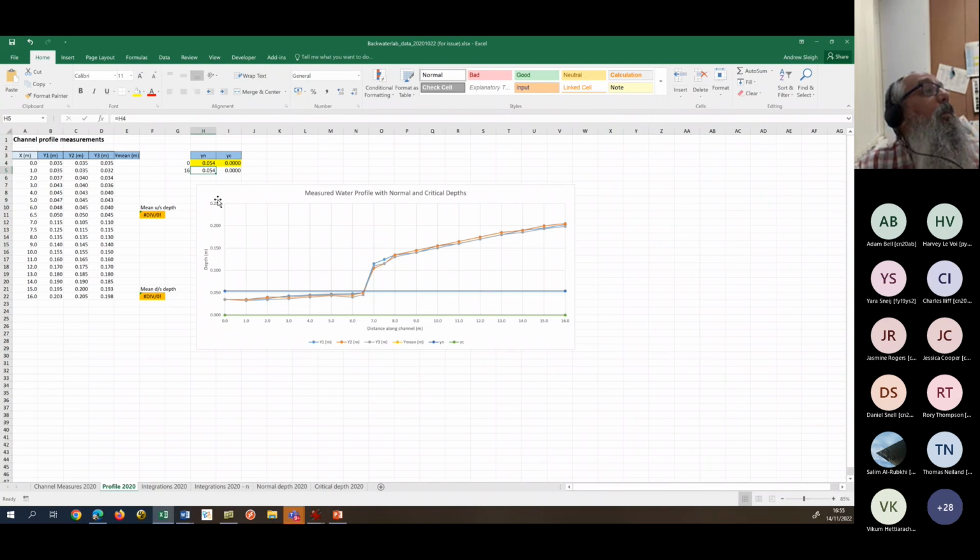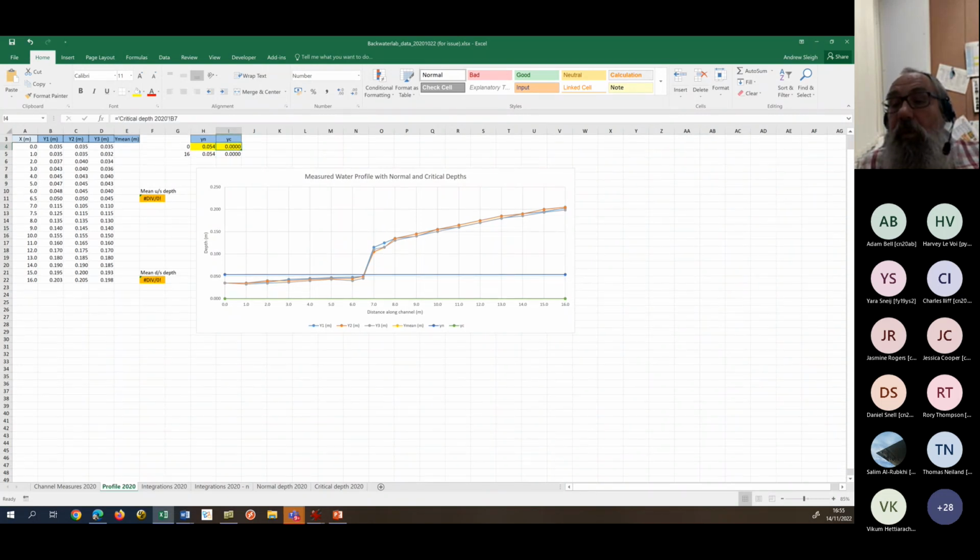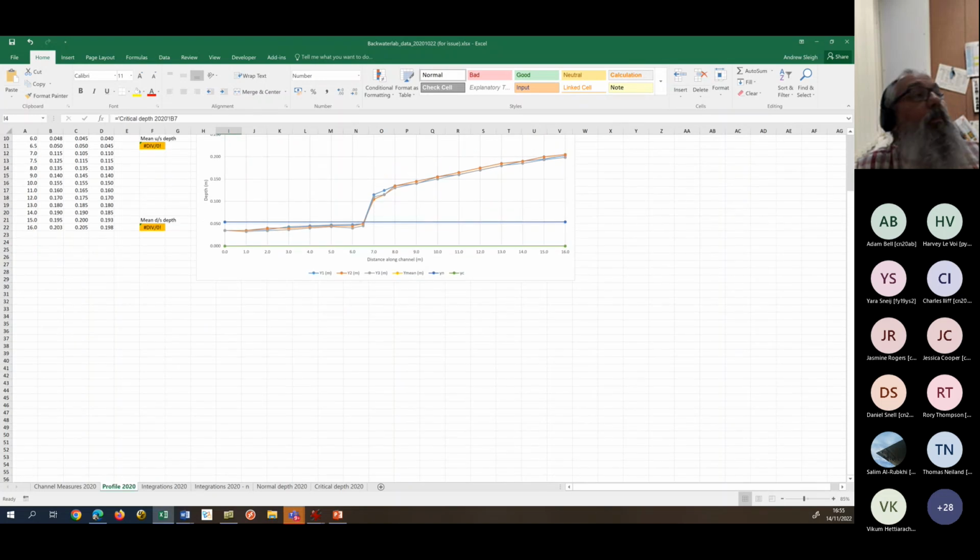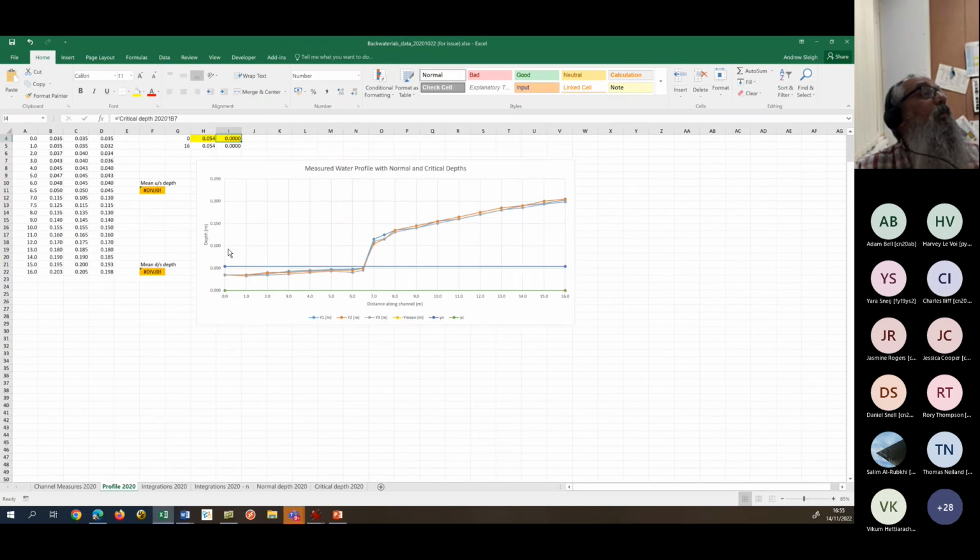So we've got normal depth in, and we've got a critical depth. Do you know what value of critical depth you got? I know it's higher than normal depth, so it's something like something there. I've just made that up.